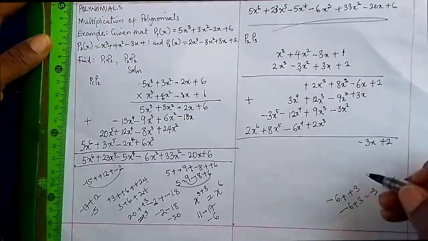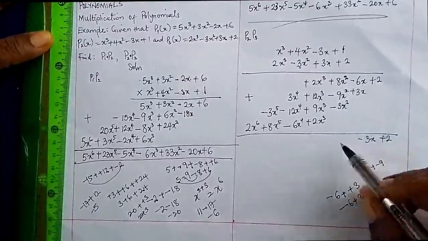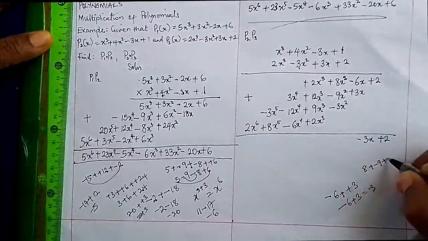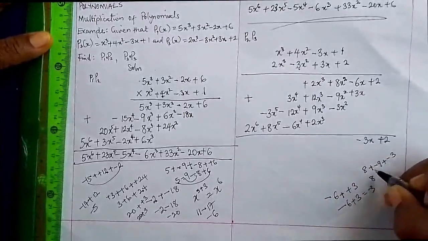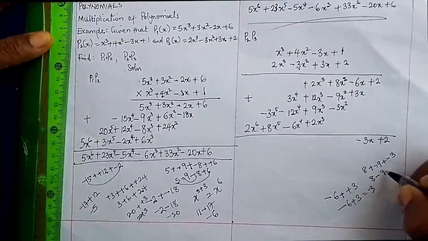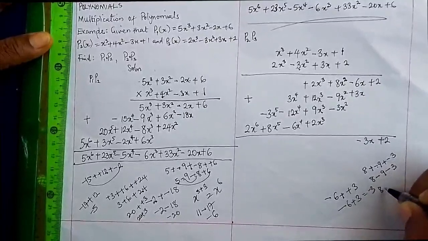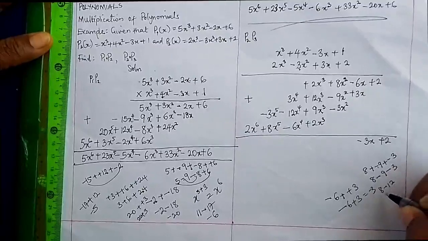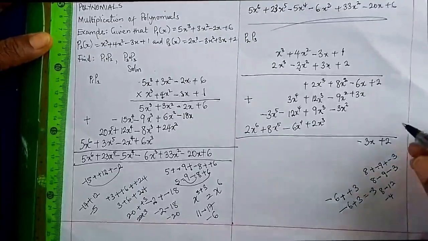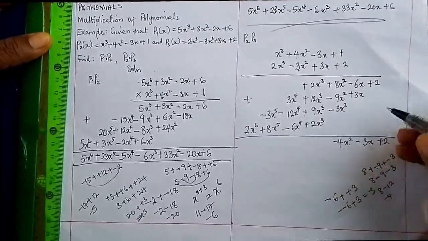Okay, we'll go to the next number. We have 8 plus minus 9 plus minus 3. 8 plus minus 9 minus 3, so the minus there is 8 minus 12. So what we have there is minus 4, so minus 4x squared.